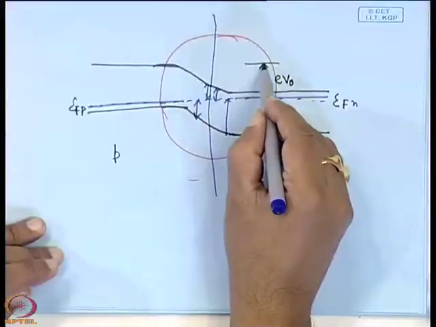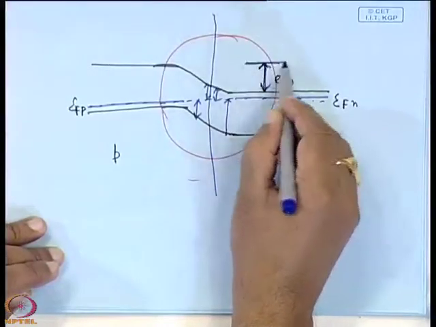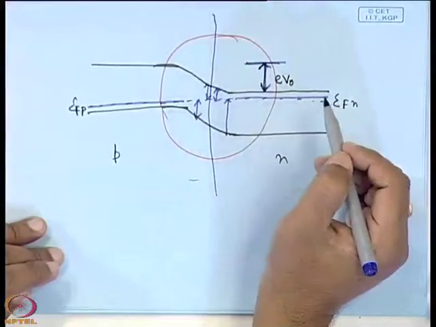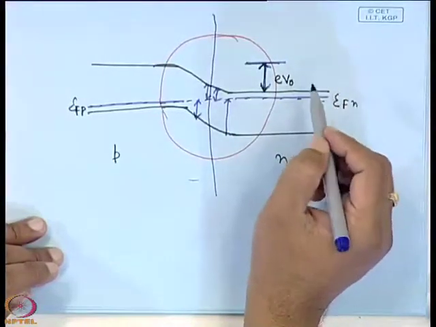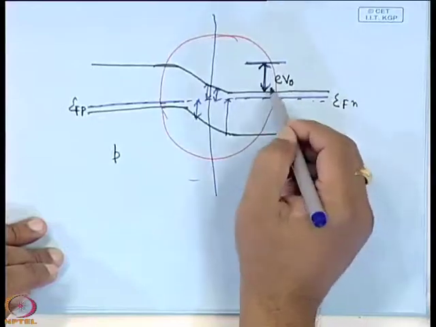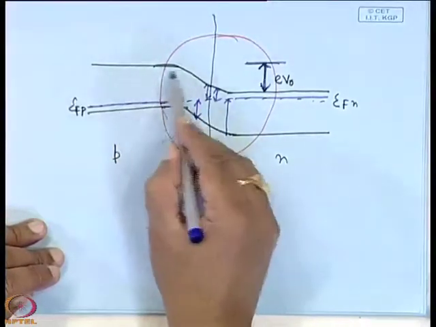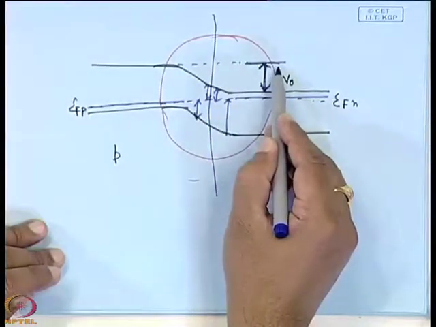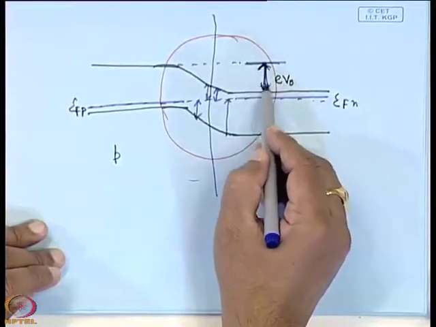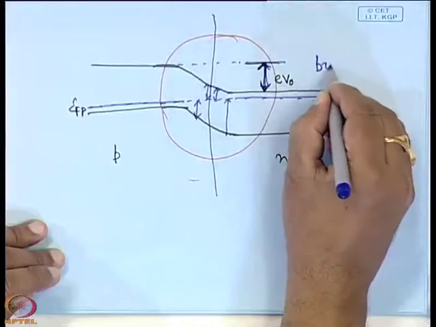Now, you see this is the difference between the bottom of the conduction band in the n side to the bottom of the conduction band in the p side. This is known as the built-in potential.